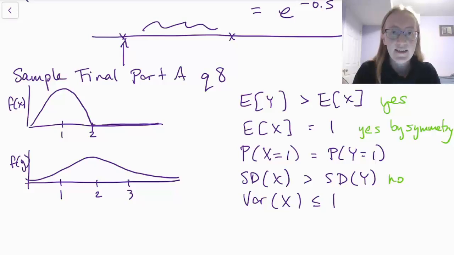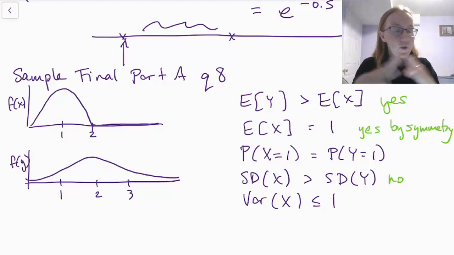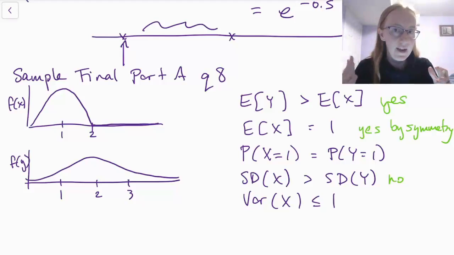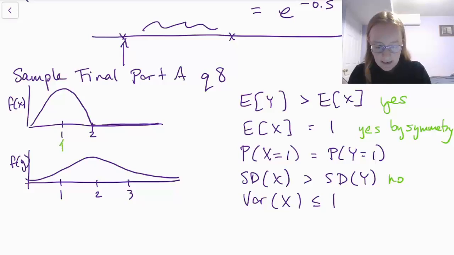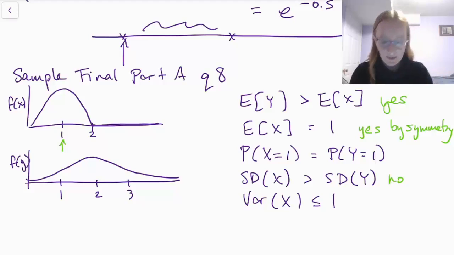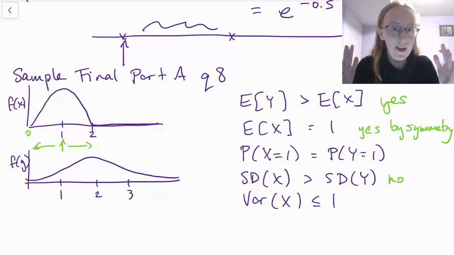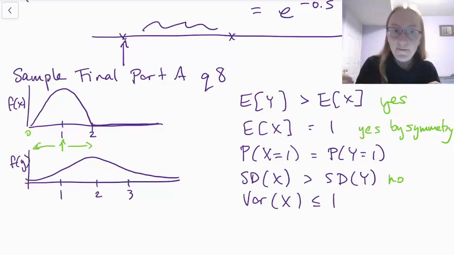Lastly, the variance of x is less than or equal to 1. This requires maybe a little bit more thought, because the variance is the average squared distance from the mean. Well, we know the mean is at 1, and the furthest you could possibly be from the mean is 1 in either direction, right? We could be 1 away this way or 1 away this way, but most of the time we'll be less than 1 away. And the variance is a weighted average of the squared distances from the mean.